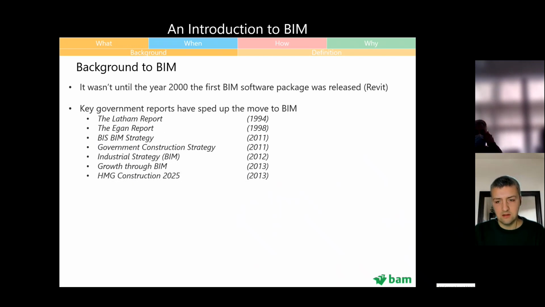That's a software package which allows you to model in 3D, but also embed information into that model. There were software packages before then which allowed you to produce 3D models, but they weren't intelligent models, so there was no information embedded within the model. So that was 2000.